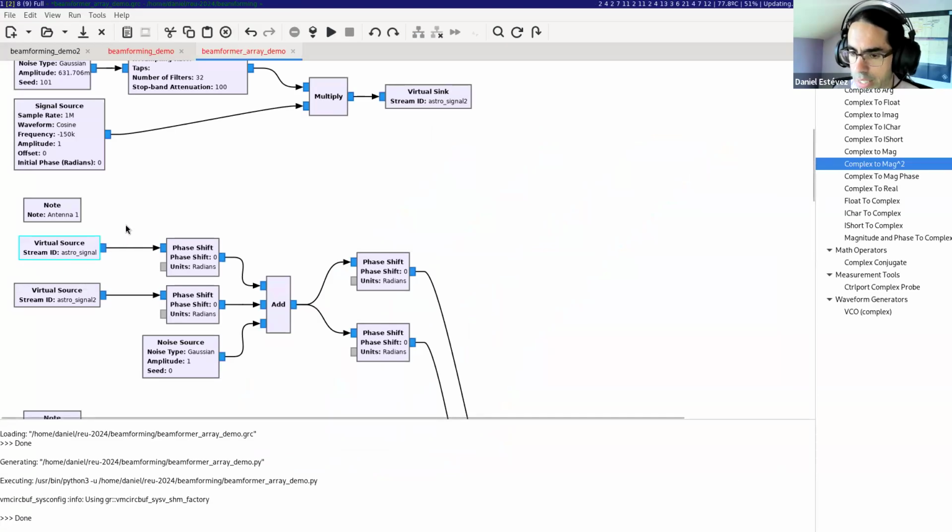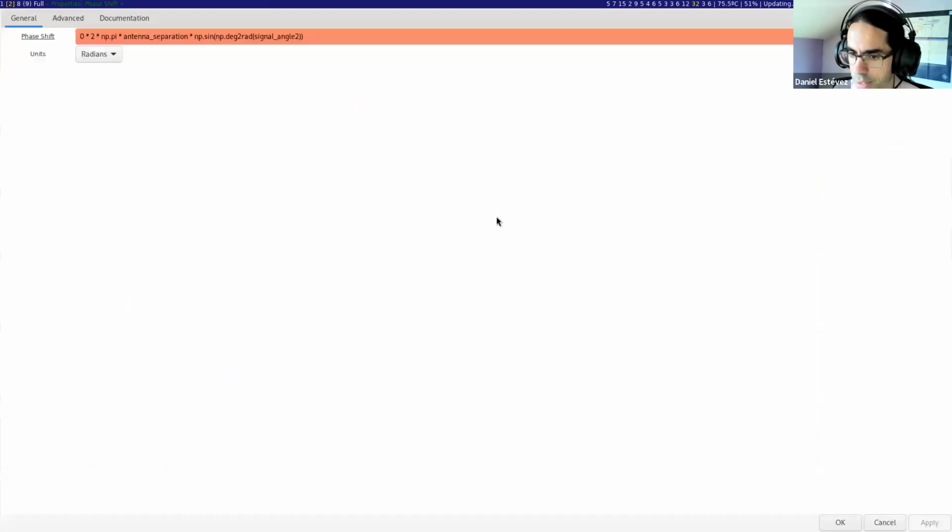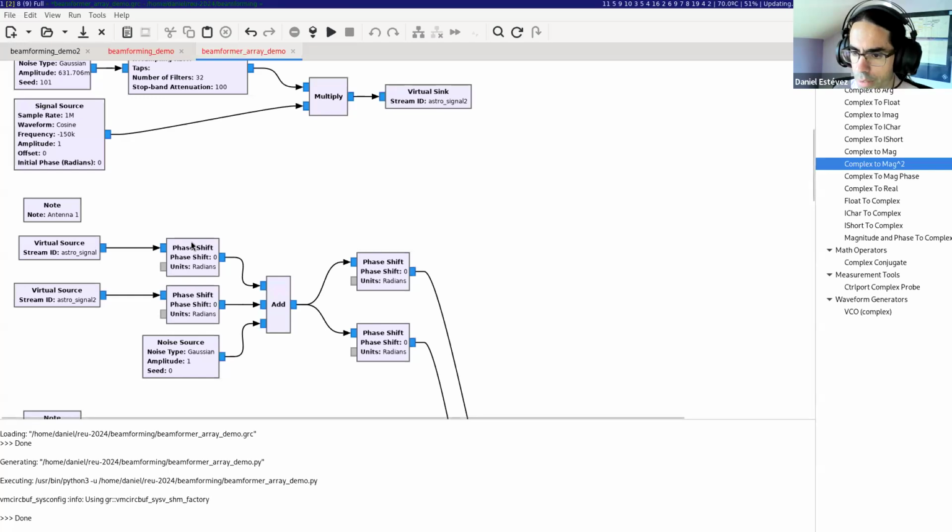For the astronomical signal 1. The astronomical signal 2, since in general it is in a different part of the sky, has a different phase shift, and everything looks the same, except here we use signal angle 2. So we have the two signals, each of them with its own phase shift. We also have Gaussian noise, and we add all of these three together.